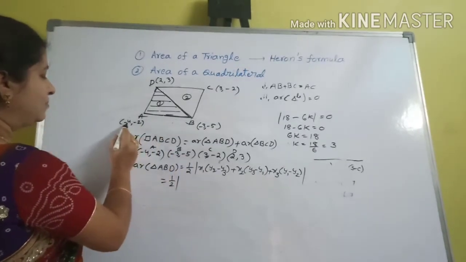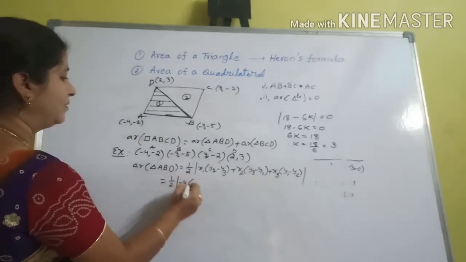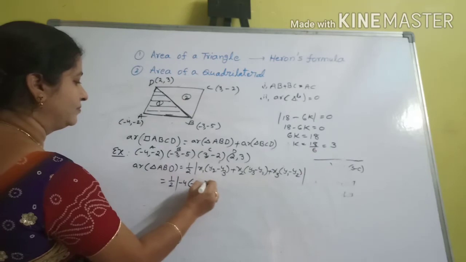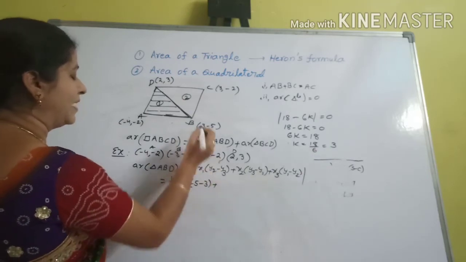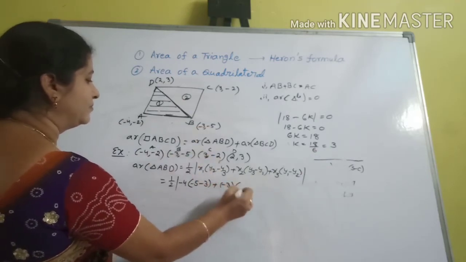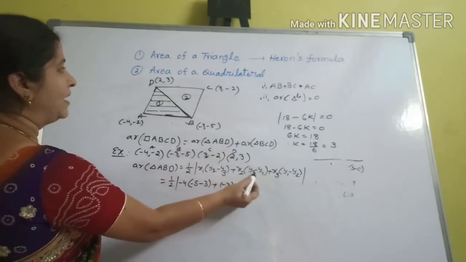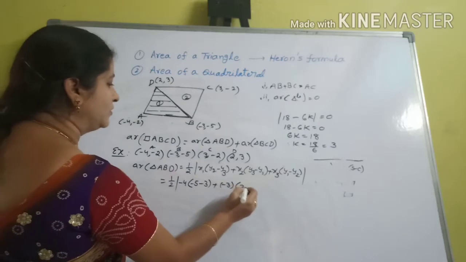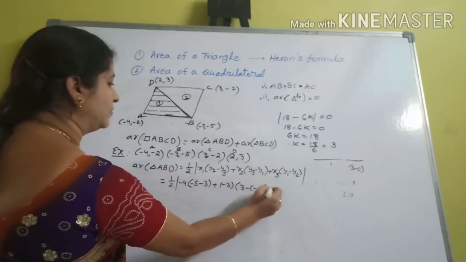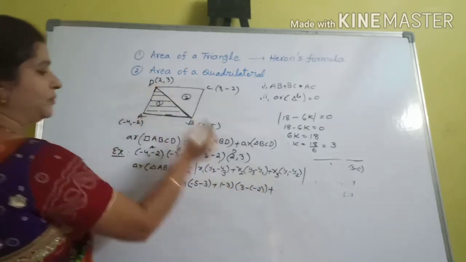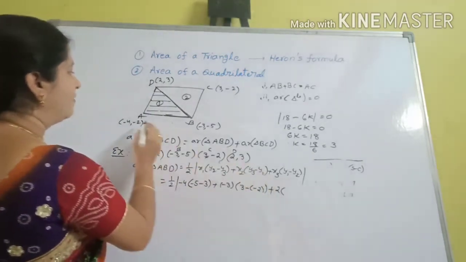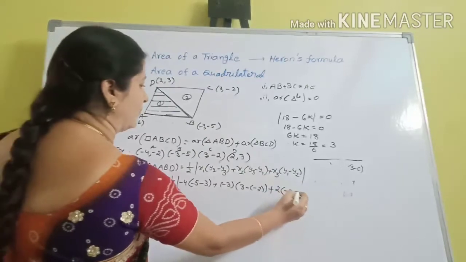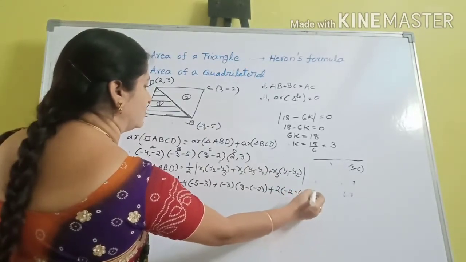Here x1 value -4 into y2 -5 -3, plus x2 into -3 into y3 minus y1, y3 here 3, y1 -2, so 3 minus of -2, plus x3 into 2 into y1 value -2, y2 value -5, minus of -1.